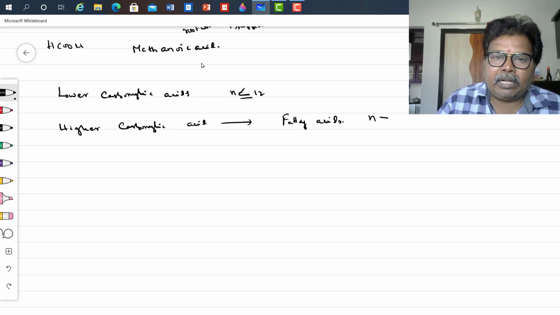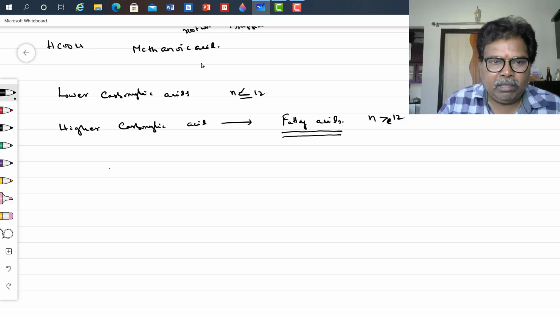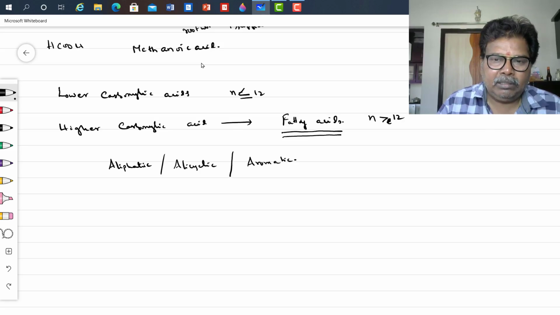N greater than 12 is treated as fatty acids. Whether it is aliphatic, alicyclic or aromatic carboxylic acids, if n is greater than 12, generally they are called fatty acids.